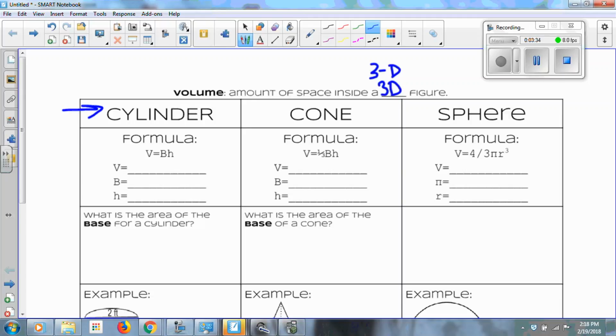As stated previously, the formula is on your star chart, and all it tells us is volume equals capital B times H. So we need to understand what all of these letters stand for. Well, you are right if you already guessed that the V stands for volume.